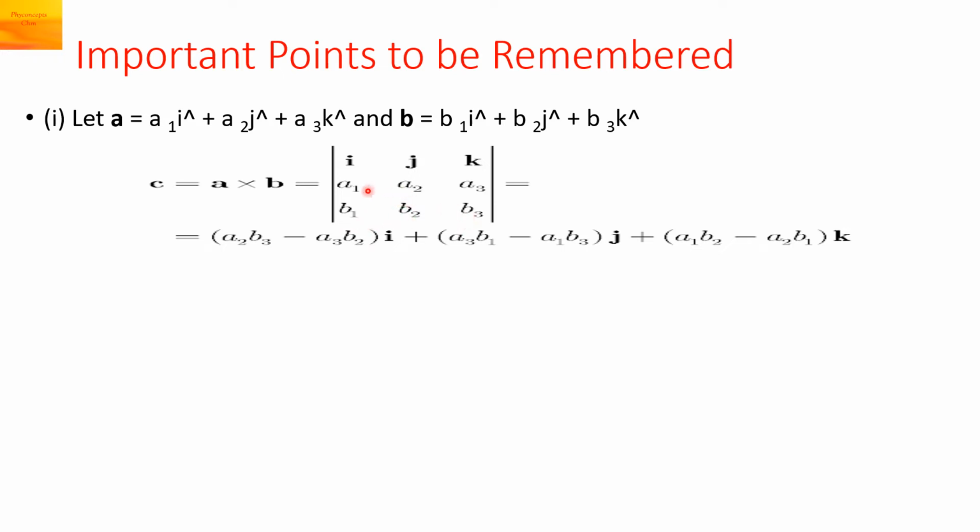And then we have to solve this determinant in this way, with the help of this equation, that is A2 B3 minus A3 B2 into I cap plus A3 B1 minus A1 B3 into J cap plus A1 B2 minus A2 B1 into K cap.